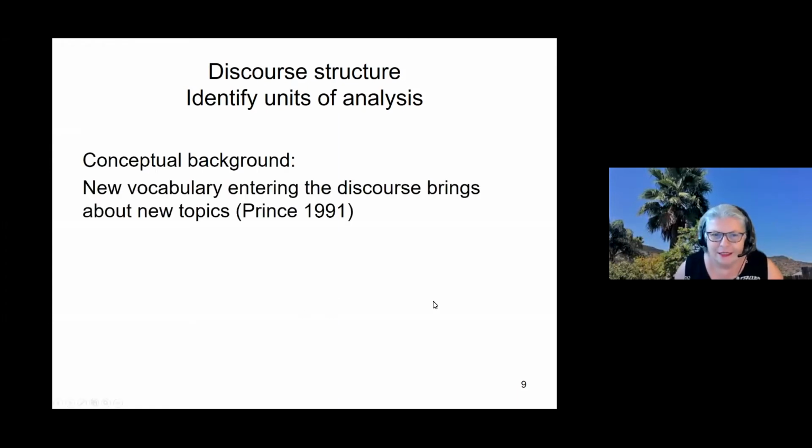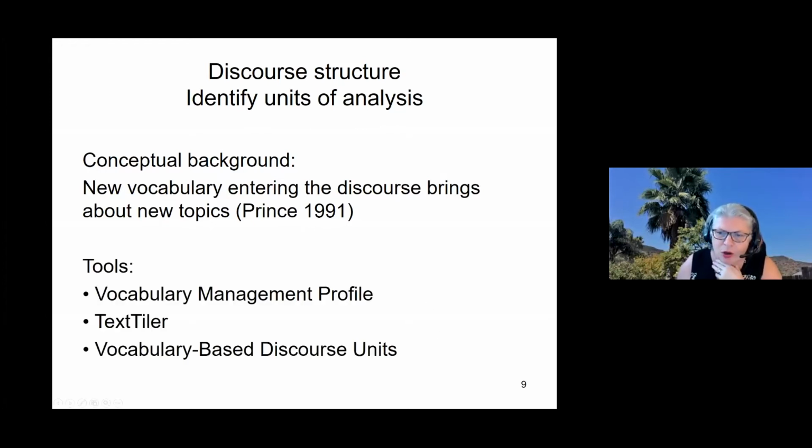Not an easy task, but the conceptual background behind it, at least for the work that I've been doing, is Prince's idea that new vocabulary, as it enters into the discourse, brings about new topics. That's an interesting idea and probably true. So it would be nice to see to what extent that relates to the structure of discourse.